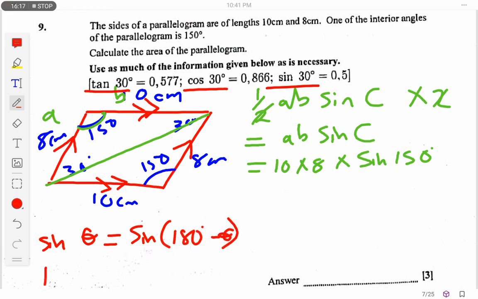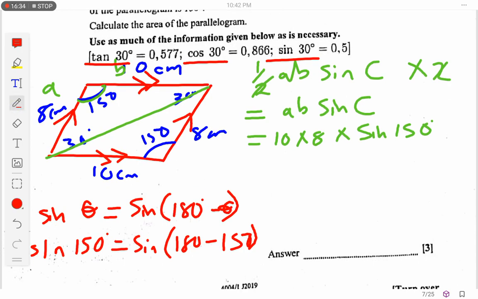So basically sine 150 degrees is equal to sine 30 degrees, since 180 minus 150 is 30. So it's basically equal to sine 30 degrees. So here I can simply say sine 30 degrees.